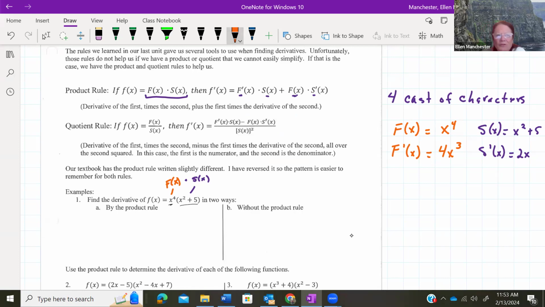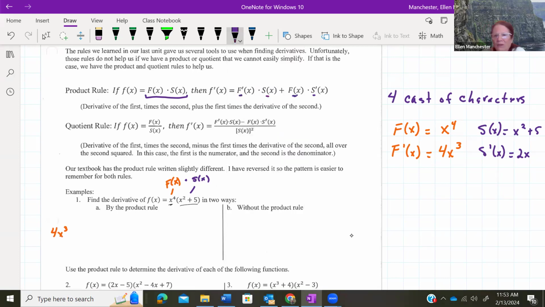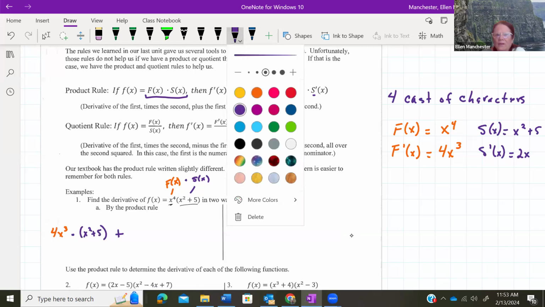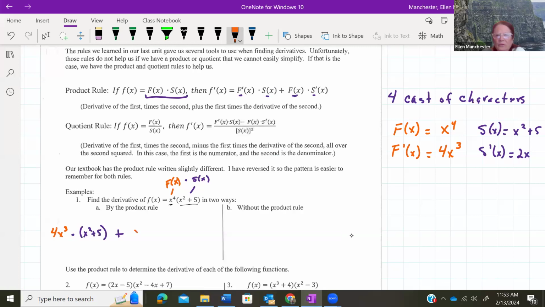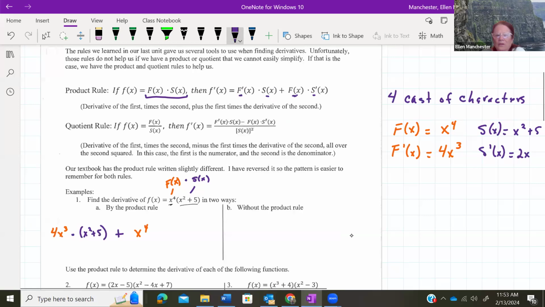Derivative of the first is 4x cubed times the second. The second is x squared plus 5, plus the first, which was x to the fourth, times the second, or I'm sorry, times the derivative of the second, which is 2x.